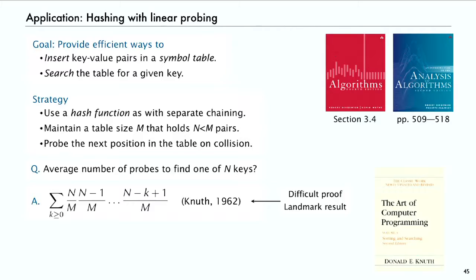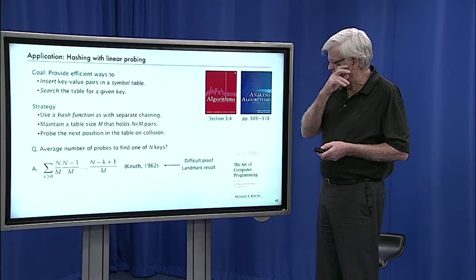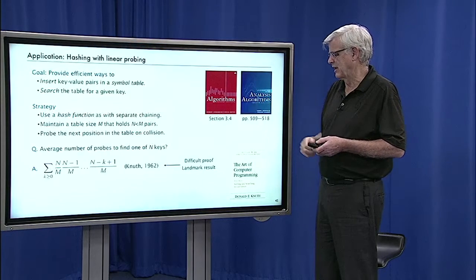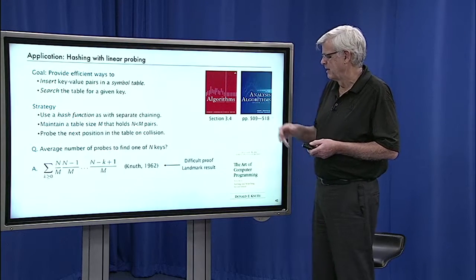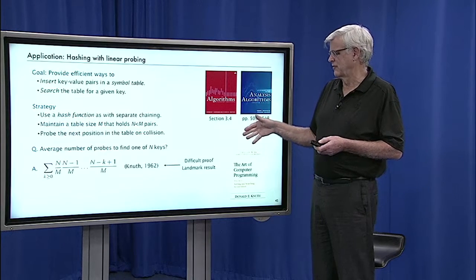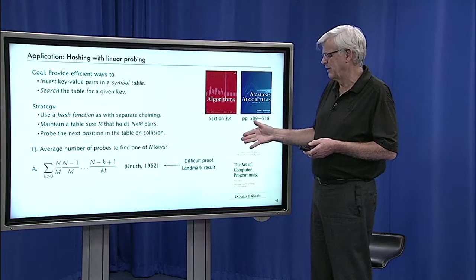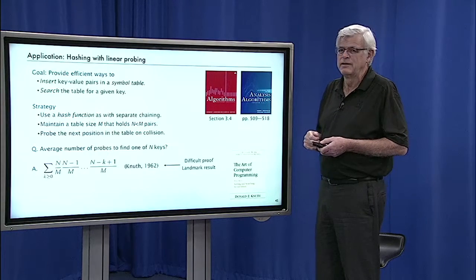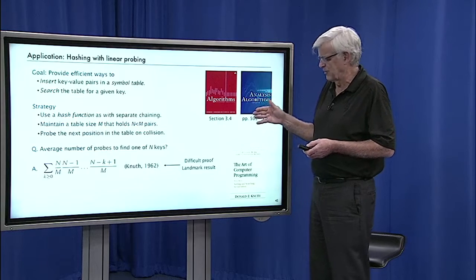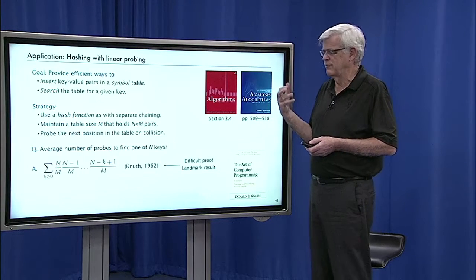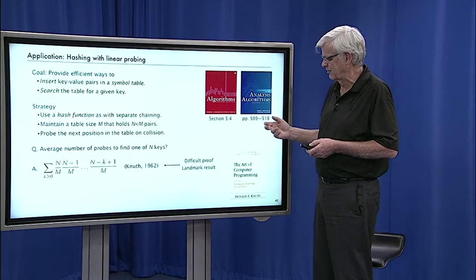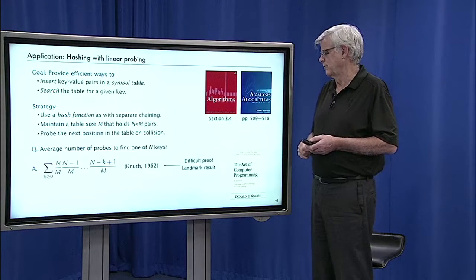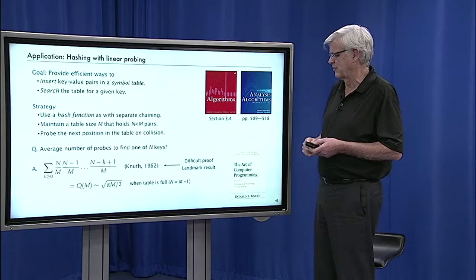Well, this was proven over 50 years ago by Knuth to be the sum from k bigger than 0 of n over m, n minus 1 over m, down to n minus k plus 1 over m. The proof is given in 10 pages in the textbook. It really was a landmark result. People were thinking this is too difficult a problem to really address, and Knuth was able to show this result.